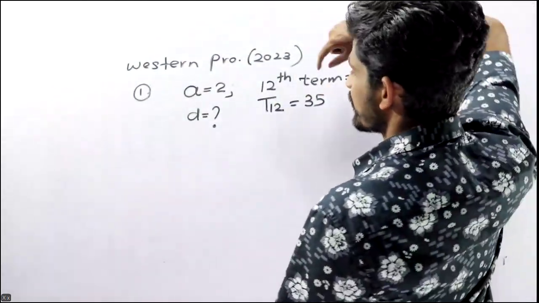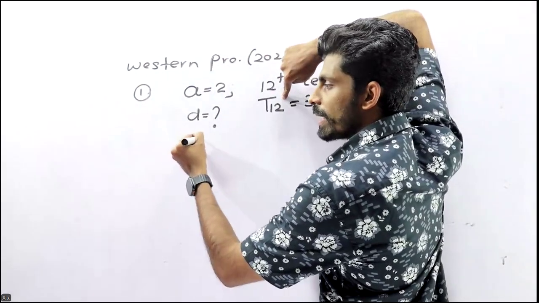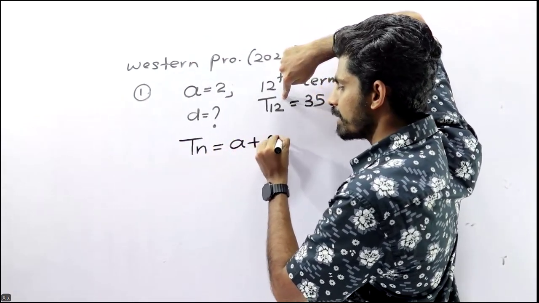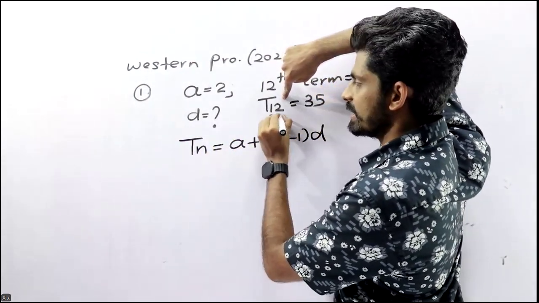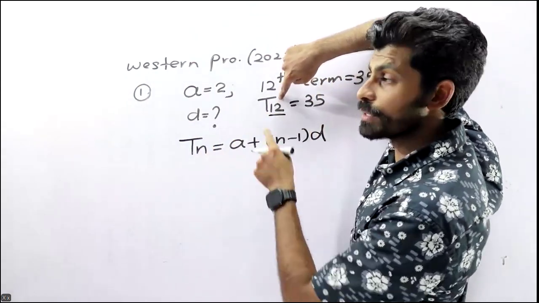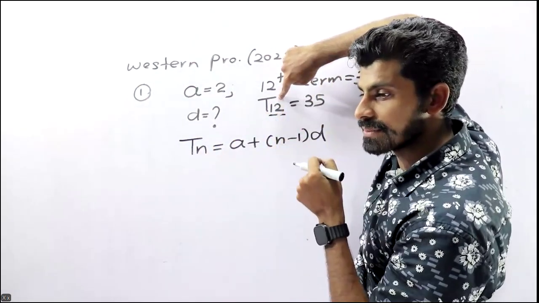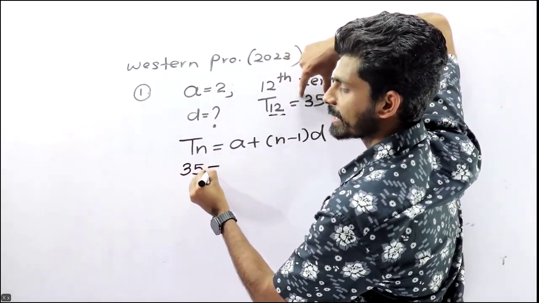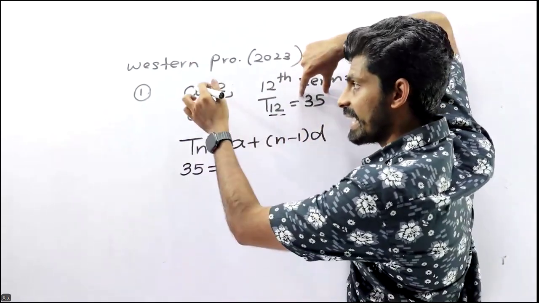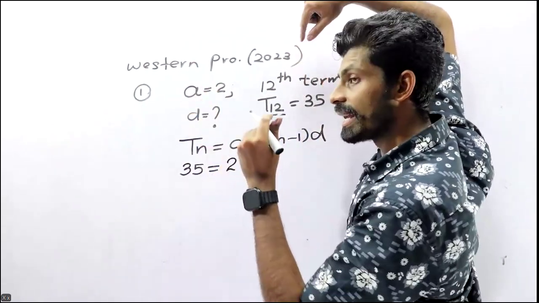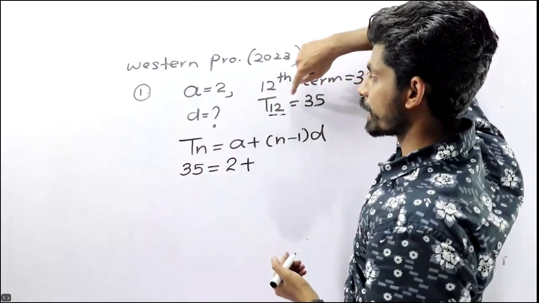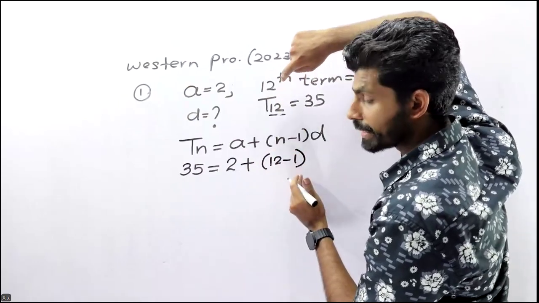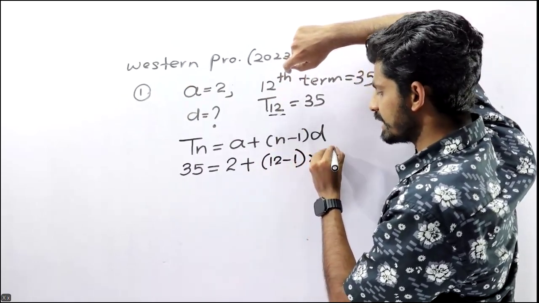Tn equals a plus (n minus 1) into d. Here n equals 12, and Tn equals 35, so we can substitute 35. 35 equals 2 plus (12 minus 1) into d.